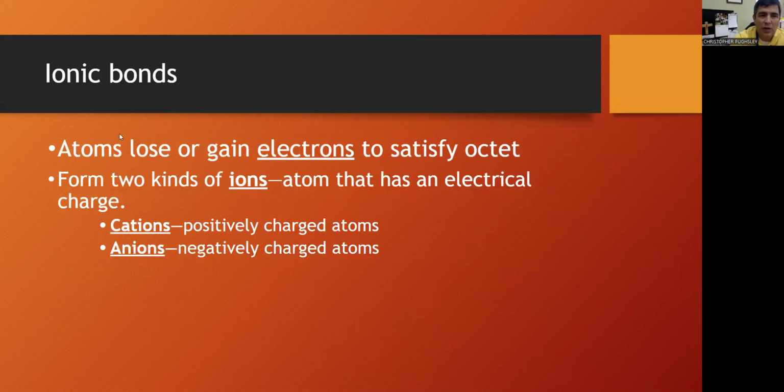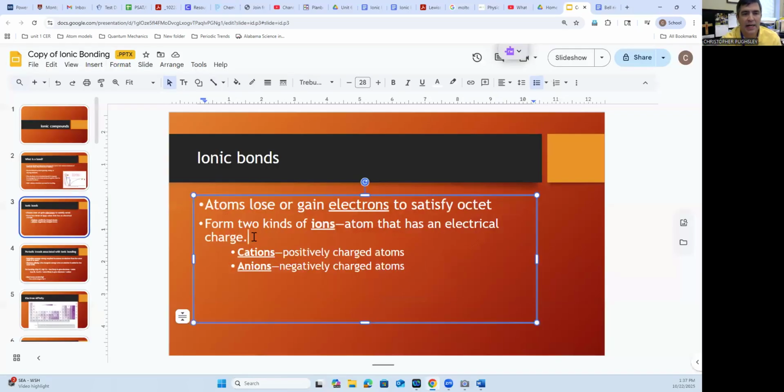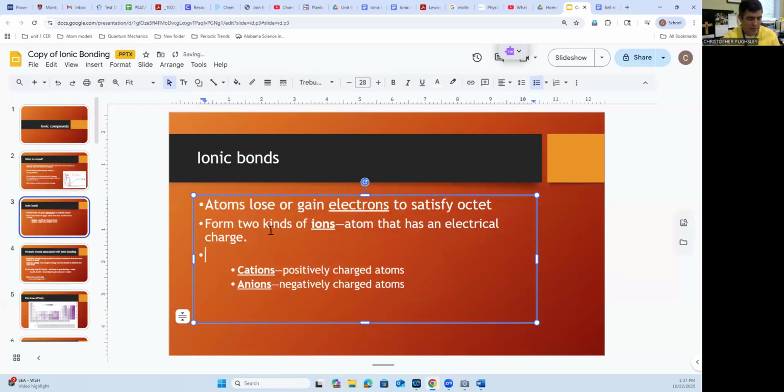Ionic bonds are caused by the losing or gaining of electrons to satisfy the octet. There are two types of ions: the anions and the cations. Another way of saying this is that they transfer electrons. In ionic bonds, electrons are transferred between the two elements.